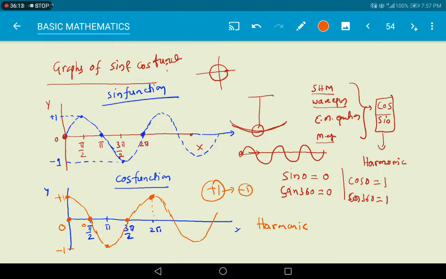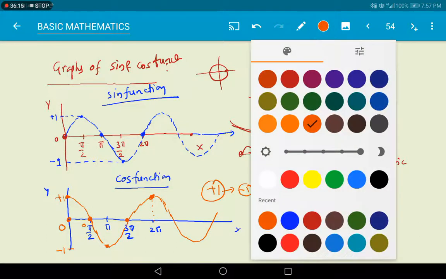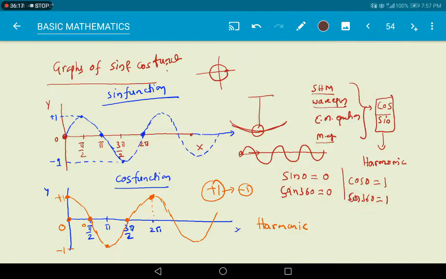In physics, we use these sine and cos functions to represent waves as y equals a sine of omega t plus or minus kx. In the same way, the electromagnetic wave is represented as E equals E naught sine of omega t plus or minus phi. In place of this sine function, we can also write cos. No change in the representation.